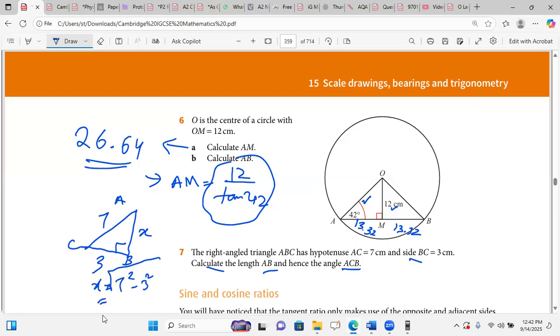Then it can be 49 minus 9, means it should equal under root 40. Not 40 degree, just only under root 40, and you will get the third side x. Then you can easily calculate ACB, means you need angle C over there. This angle you want to calculate, just apply the tan ratio for both of these lengths, and then angle C is equal to tan inverse the value of under root 40 divided by 3. You will get the angle over there.